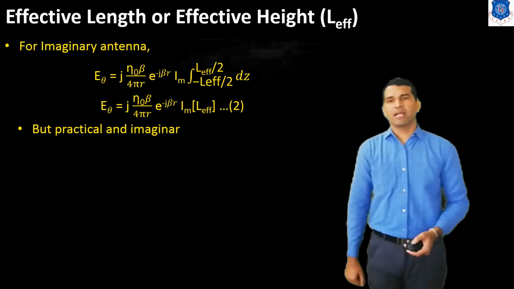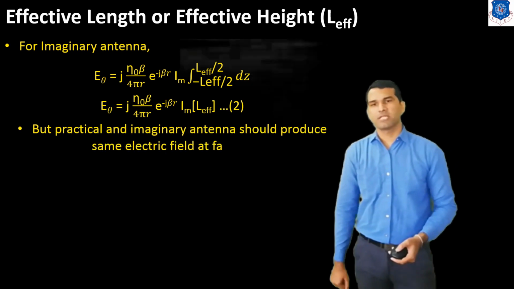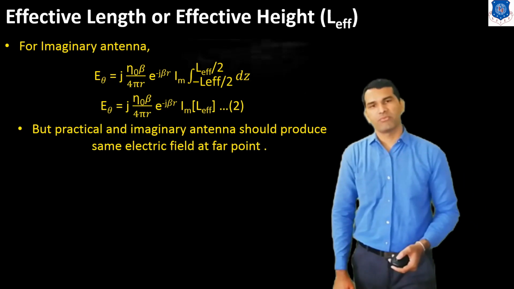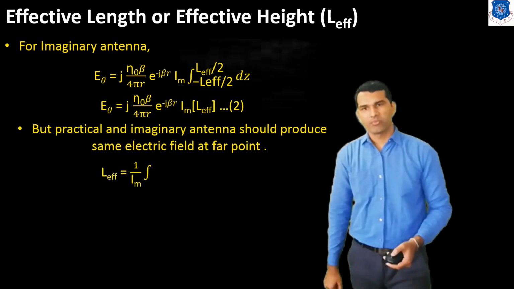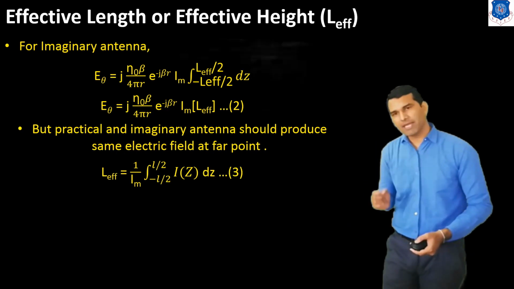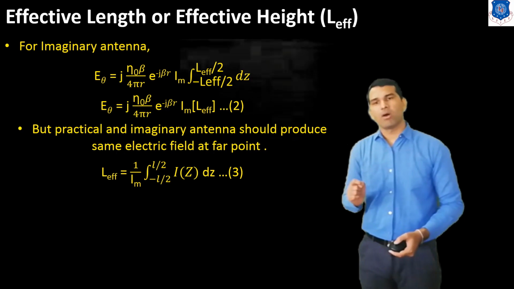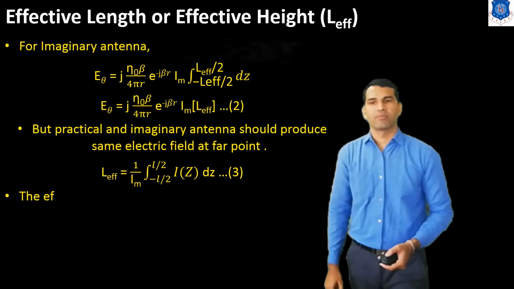But the practical and imaginary antennas should produce the same electric field at a far point. So we can write L effective equals 1 upon Im times the integration from minus L by 2 to L by 2 of Iz dz.